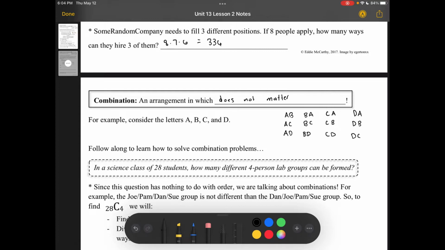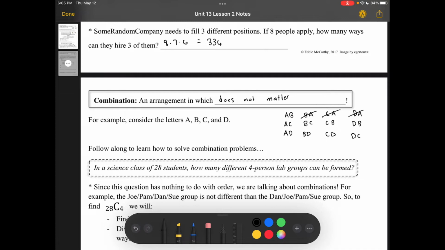Now to find the combinations, we know that the order doesn't matter. So we have to look and get rid of anything that's the same as what we've already written. We had A and B together, so that goes away. We have A and C together, so this goes away. We have A and D, so this goes away.